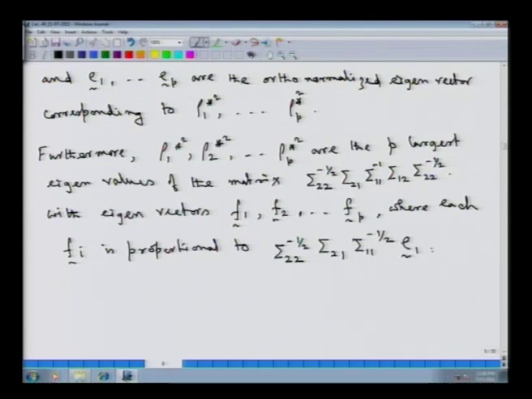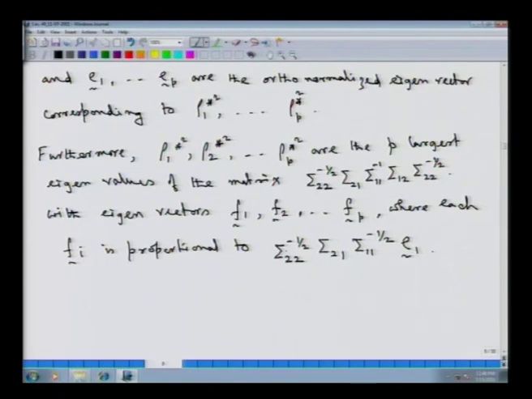So, this is the relationship between the eigenvectors of that A prime matrix, E1, E2, up to Ep, and F1, F2, up to Fp, the orthonormalized eigenvectors corresponding to the p largest eigenvalues, which match for the two matrices. The orthonormalized eigenvectors satisfy the relationship that each Fi is proportional to sigma 2 2 to the power minus half, sigma 2 1, sigma 1 1 to the power minus half times Ei.